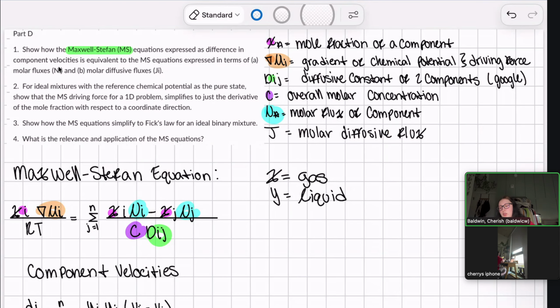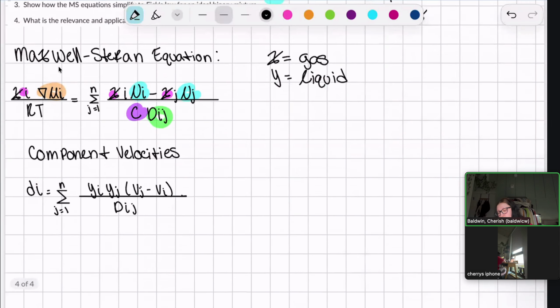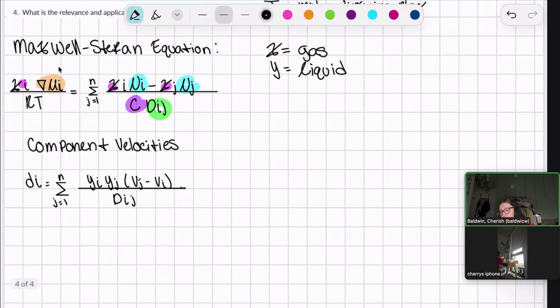So we're going to first start off by relating this to the component velocities, where I simplified this first term to dj, which is the driving force of this equation.